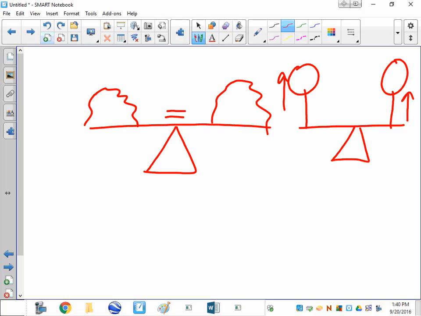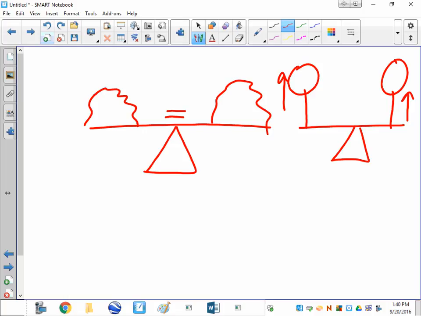If you had a balance and you had weight on both sides and it was balanced, you know that the weight on each side is the same. But if you had a bunch of balloons on both sides, as long as the amount of balloon force up is equal on both sides, it's still matched. So you could turn weight into balloons by timesing it by -1, and as long as it was balanced, you didn't break any of the rules.